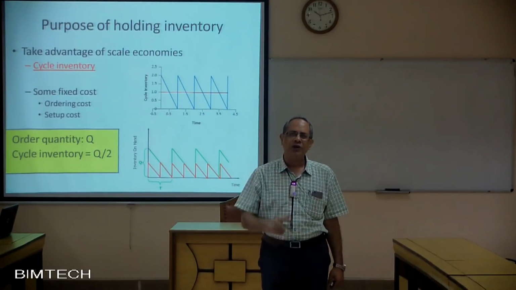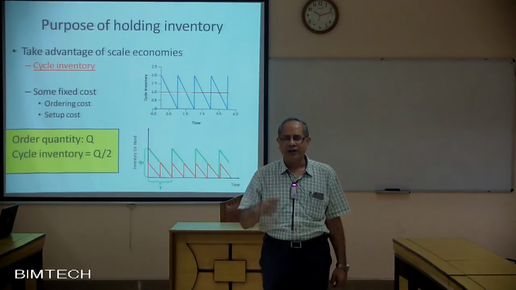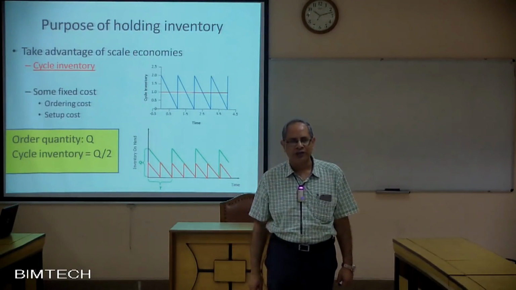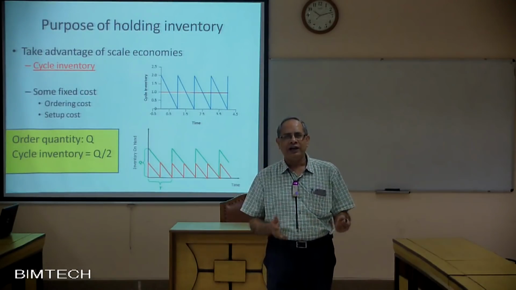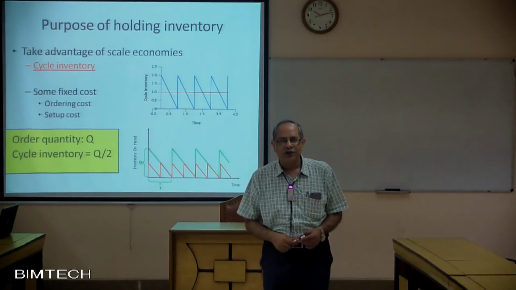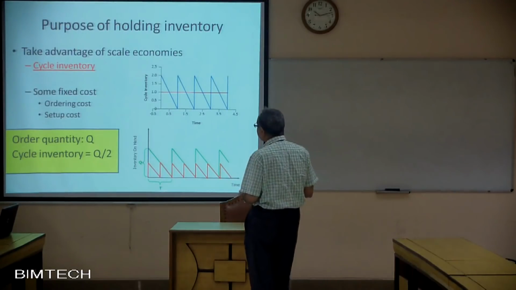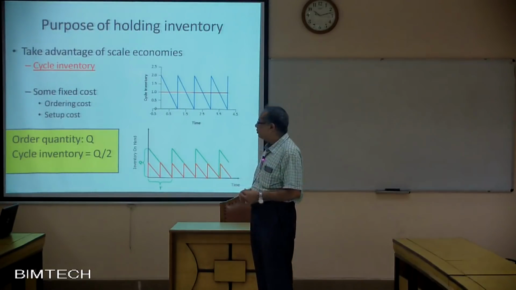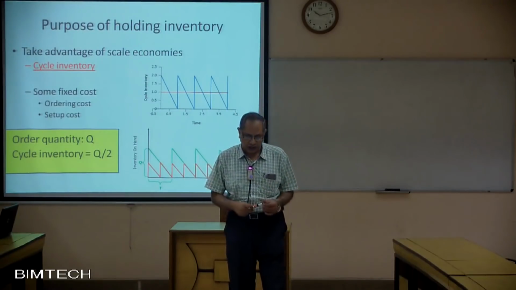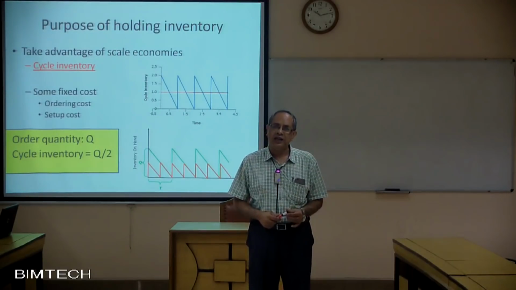How many times in a day will you go to the shop to buy sachets of shampoo or small tubes of toothpaste? You would rather buy a size which is going to last you for at least 15-20 days or a month. So that's the concept that we are talking about, and this inventory that we carry because we want to take advantage of economies of scale is what we call the cycle inventory.